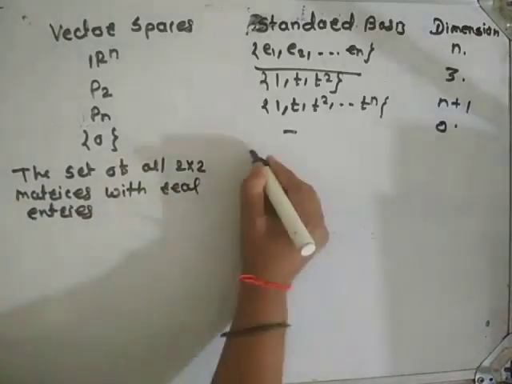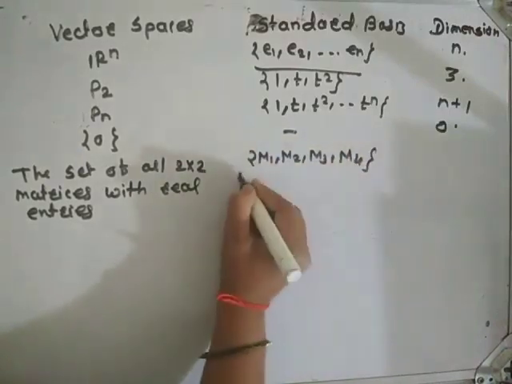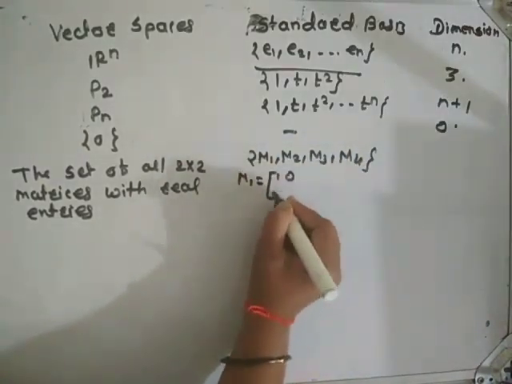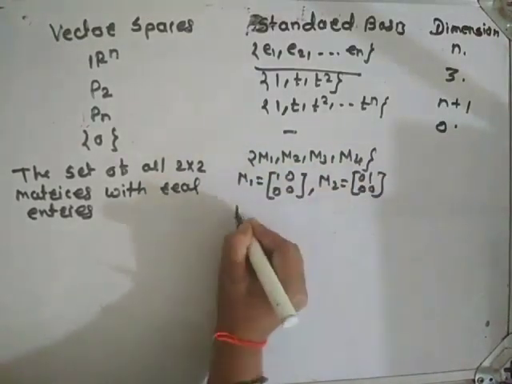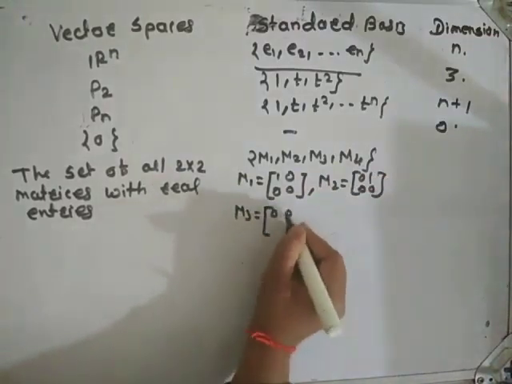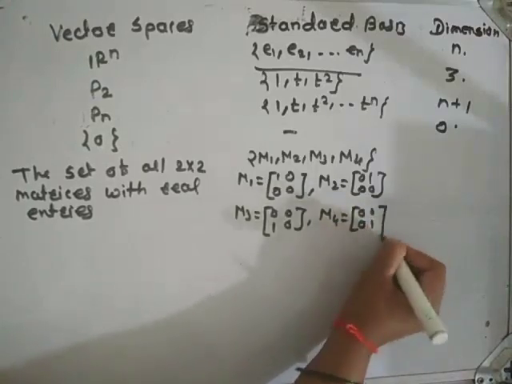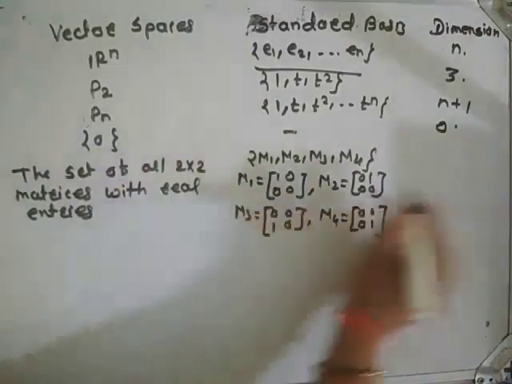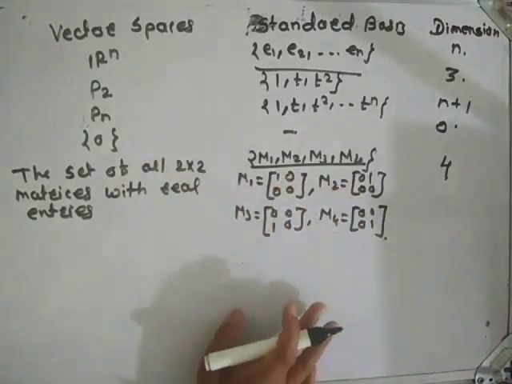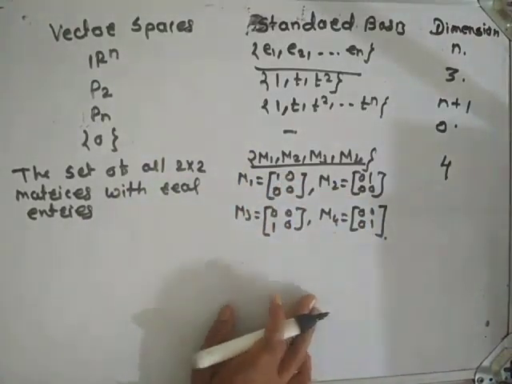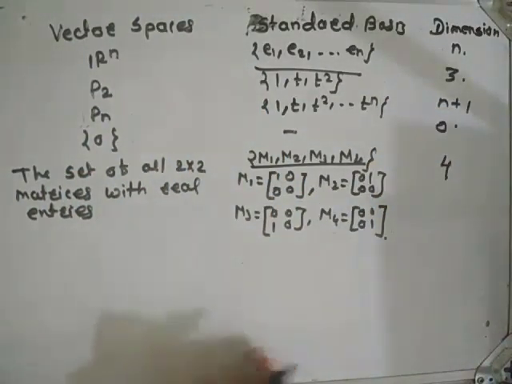For that, standard basis is M1, M2, M3, M4, where M1 is matrix 1 0 0 0, M2 is matrix 0 1 0 0, M3 is matrix 0 0 1 0, and M4 is matrix 0 0 0 1. And dimension of this vector space is 4 because in basis there are 4 vectors. These are the vector spaces, this is the standard basis and this is dimension.